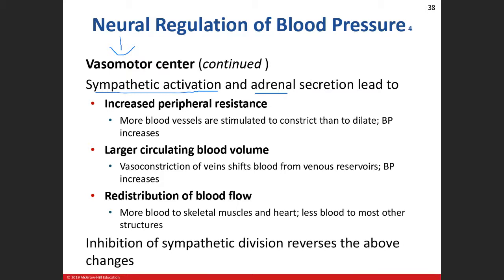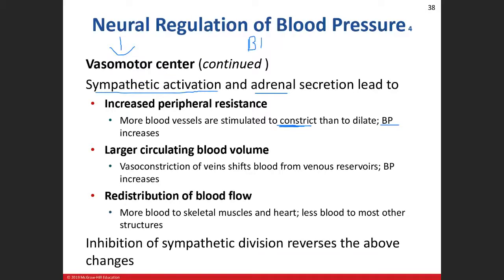Well, it's because we're getting vasoconstriction. Okay, so that's how we increase our peripheral resistance, because we're activating the alpha-1 receptors on these blood vessels, and they're causing vasoconstriction to occur, and that's going to increase our blood pressure.